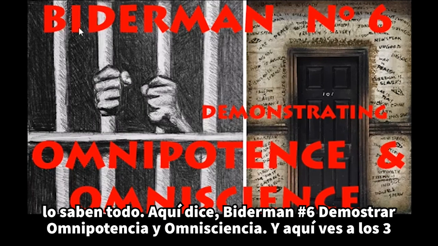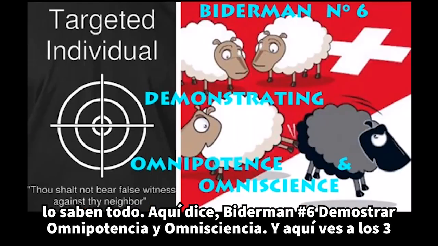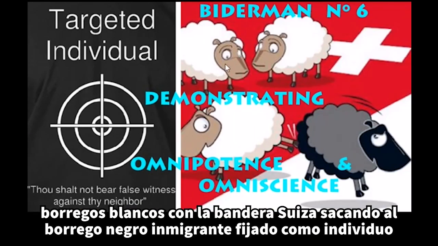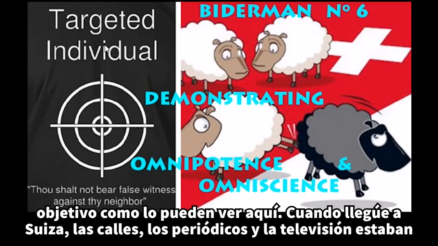So here it says, Biderman number 6, demonstrating omnipotence and omniscience. And here you see the 3 white sheep with the Swiss flag kicking the black immigrant sheep as a targeted individual, as you can see here.